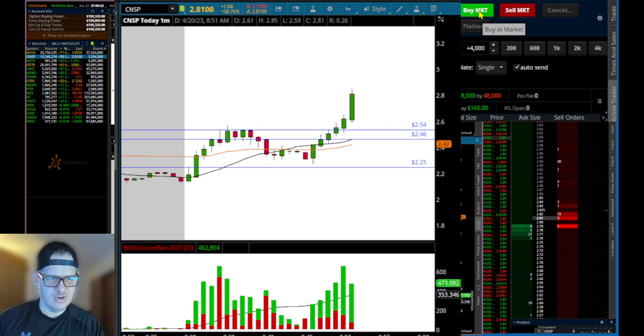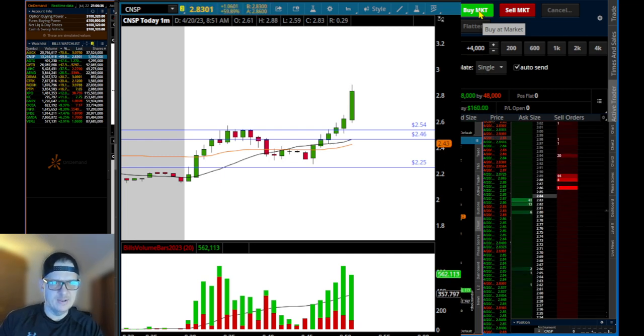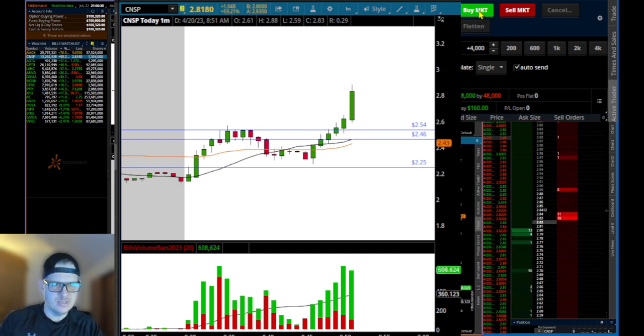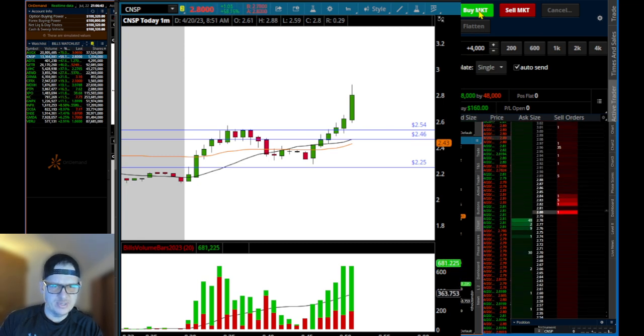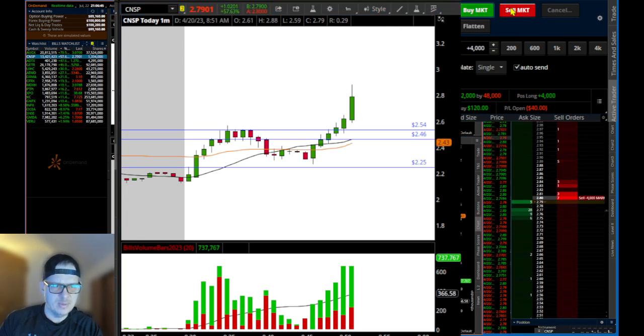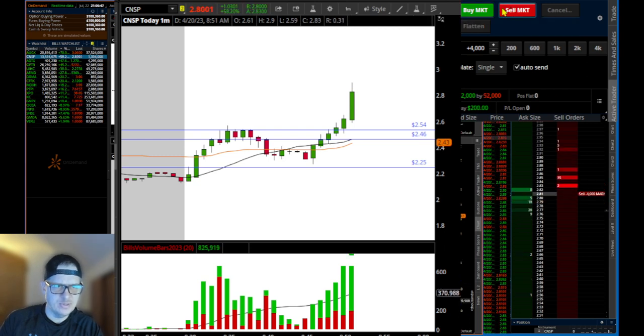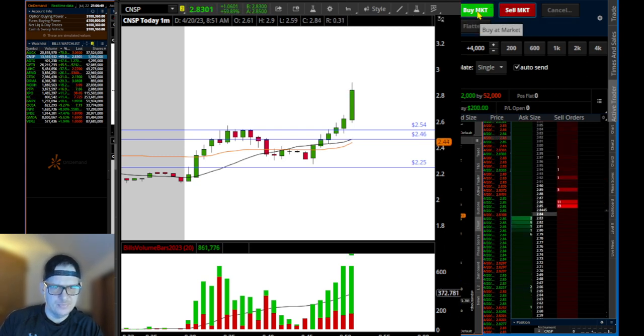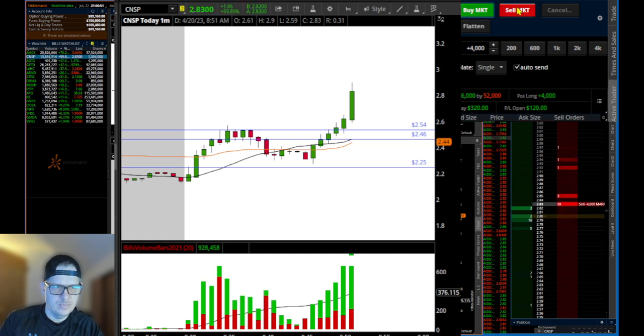Okay, this thing's taking off, but again, I don't want to get trapped in buying at the high here. So I'm just going to be very patient. I'm going to wait for the price to retrace here. Okay, maybe there. Let's see what it wants to do here. Another dip there.